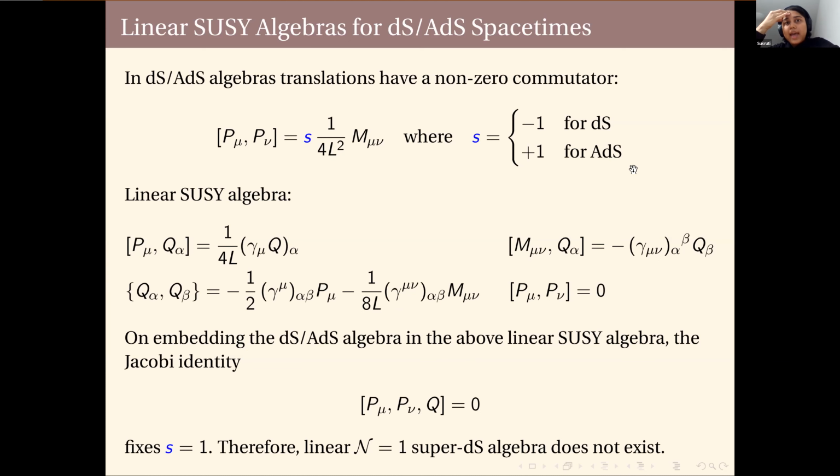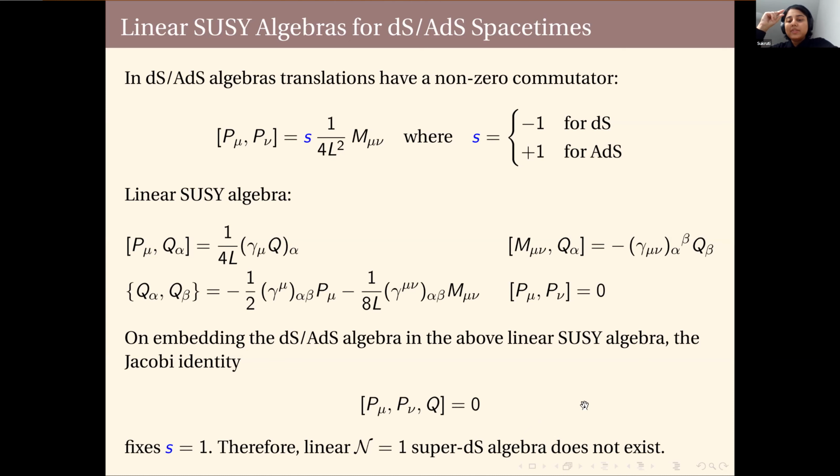So it shows that, at least in 4 dimensions, for N equal to 1 supersymmetry, a de Sitter superalgebra does not exist. If we want a de Sitter superalgebra, we need to break supersymmetry, or in other words, realize it nonlinearly.